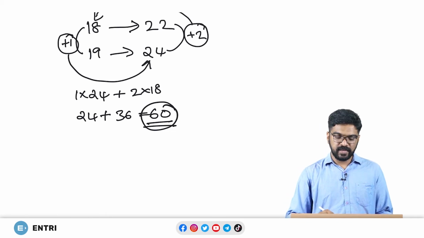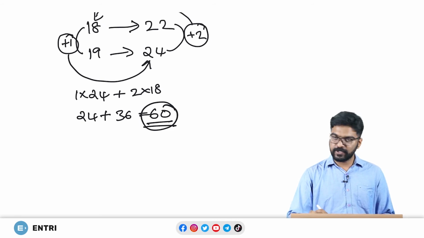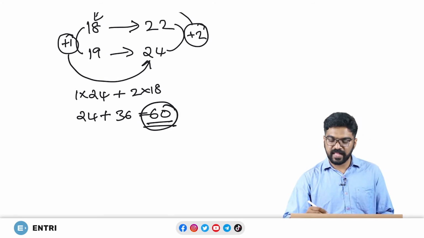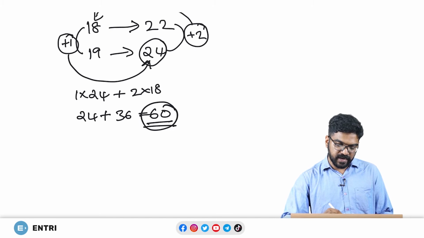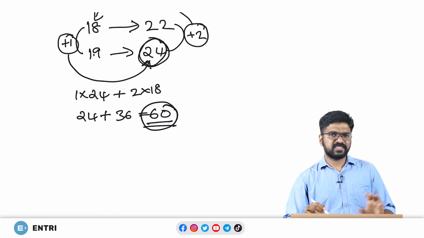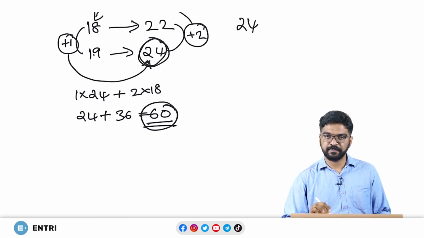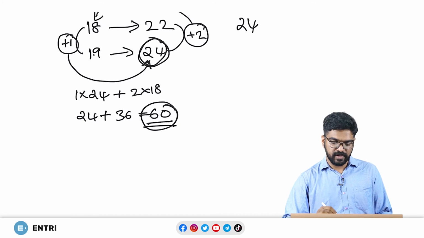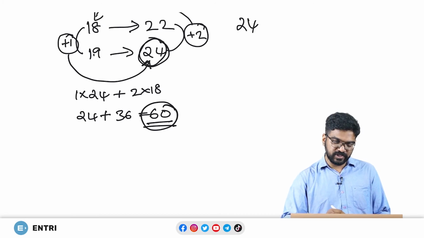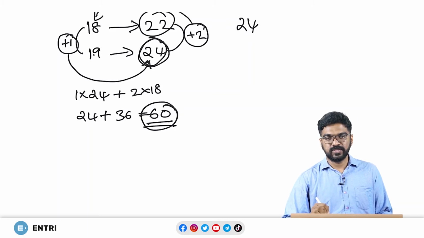So this method is actually the equal distribution method. We can also explain it by the mental math method. If there are 19 people and their average age is 24, I am just assuming that all the 19 people have the age of 24. But when this new person joined, the previous average was 22 and it became 24, so there is an increment of 2 years.